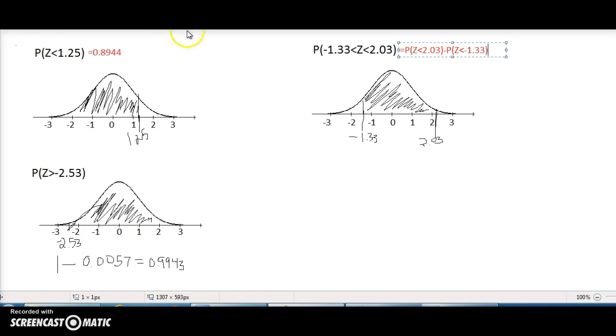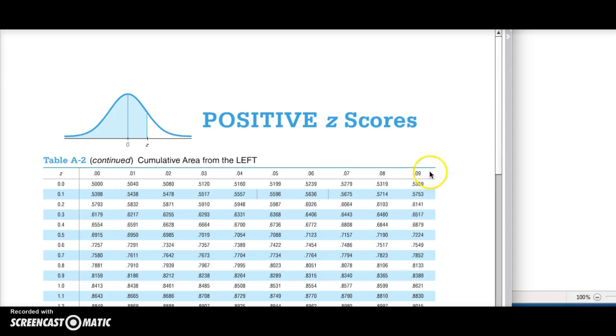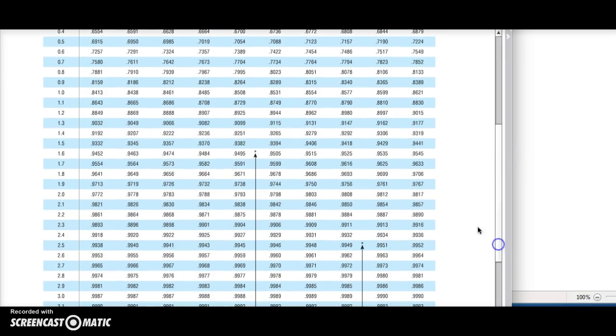So we can get these two numbers from the table. We're first going to look at 2.03, so we go to the positives, 2.03, 0.9783.